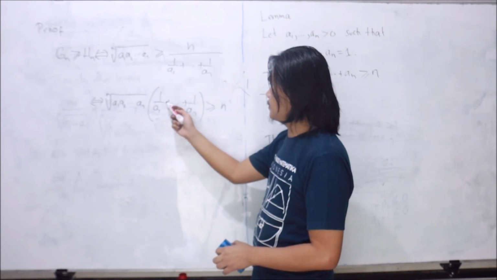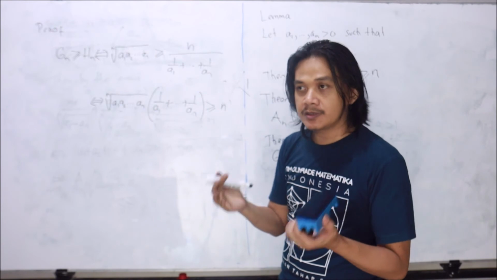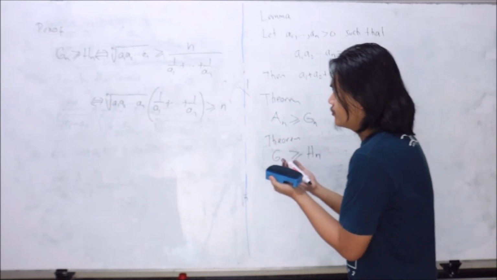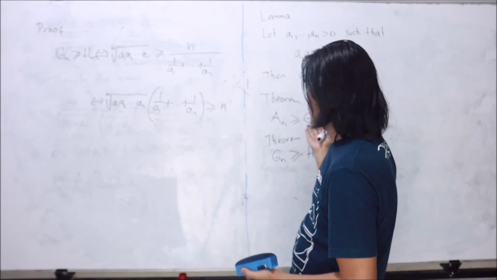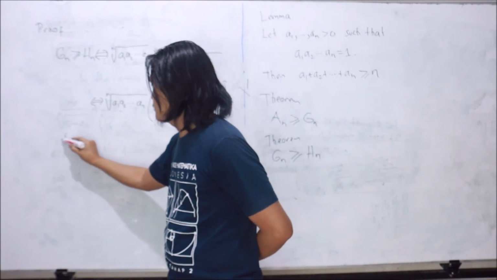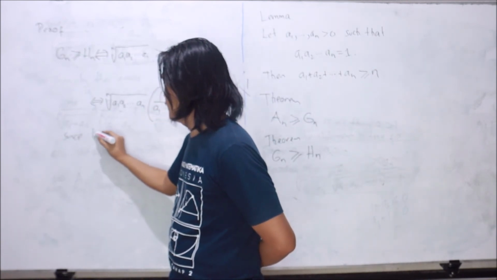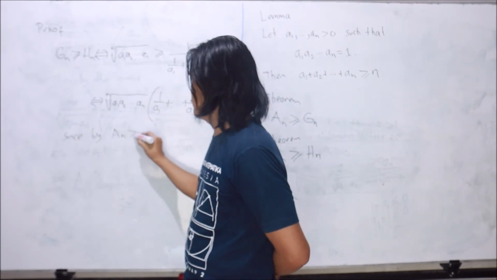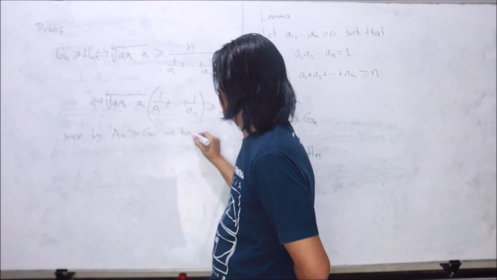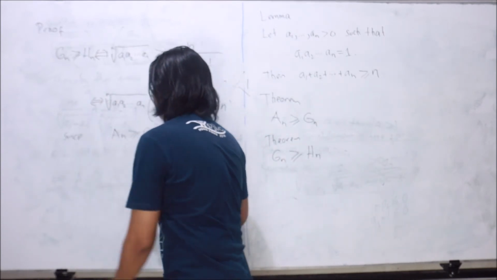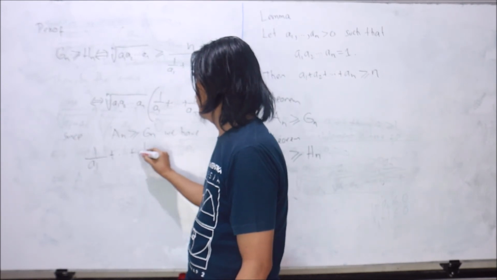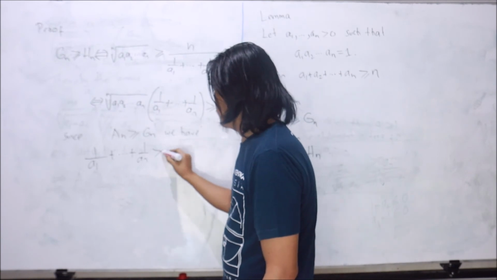Now notice that here we have a sum of n numbers that entices us to use the arithmetic mean versus geometric mean. So since the arithmetic mean is always greater or equal to the geometric mean, we have that 1 over a1 plus dot dot dot plus 1 over an is greater or equal to what?